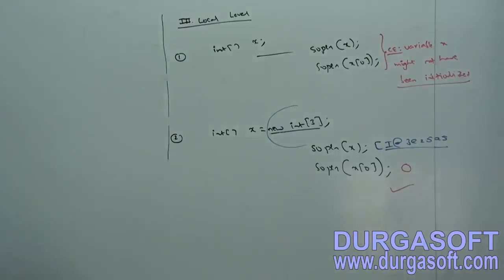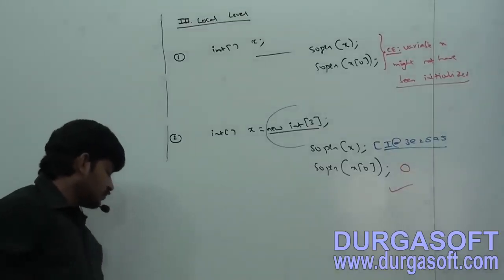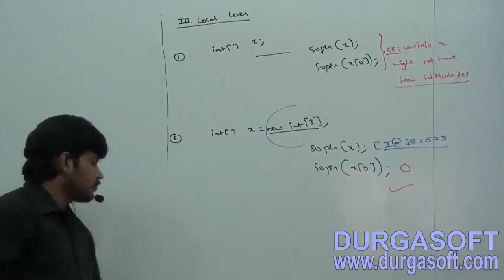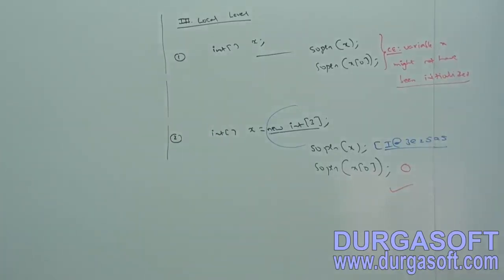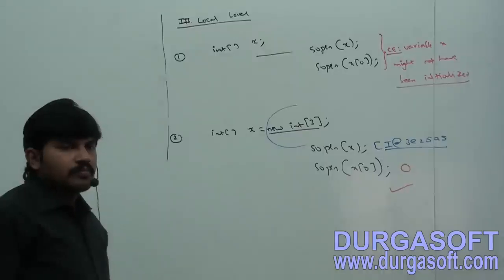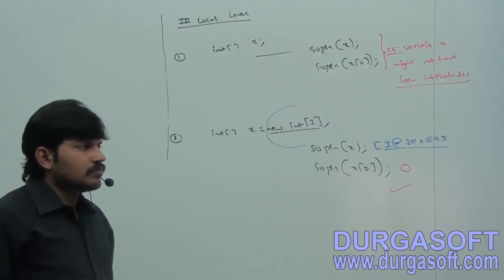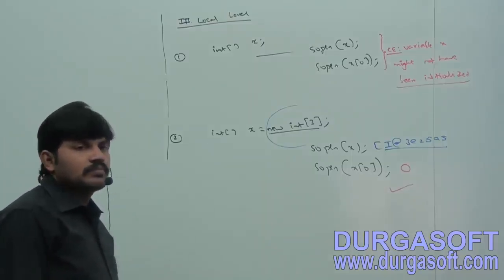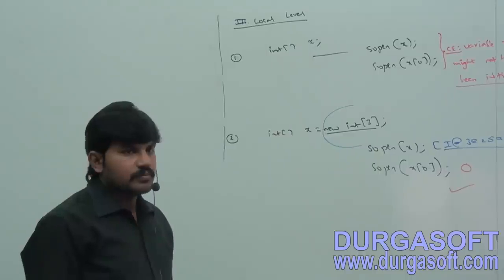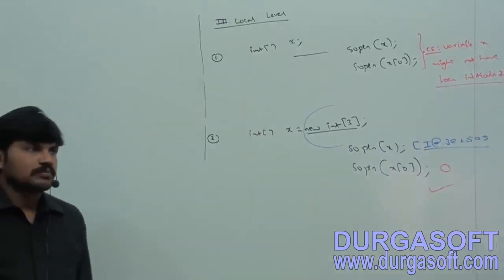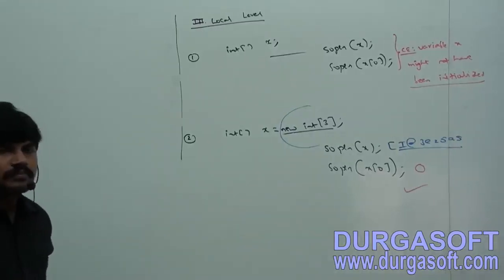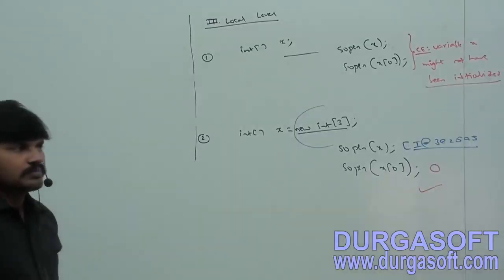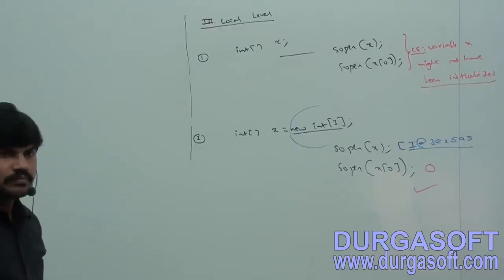Next, int array x is equal to new int array of 3, SOP of x. Completed, right? Clear, right? Okay.